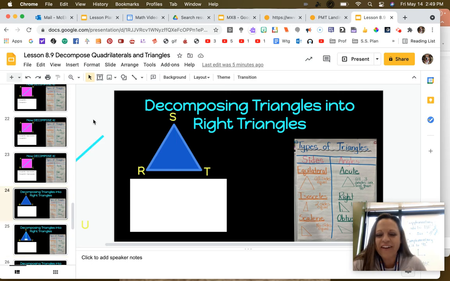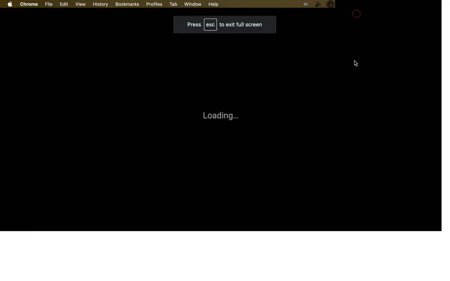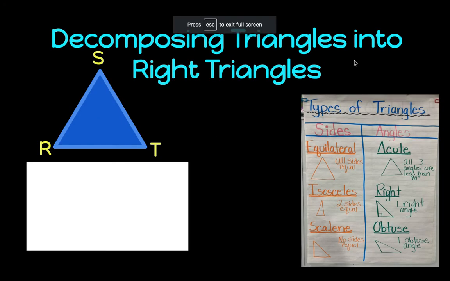Okay. All right. Now, this gets fun. I'm going to make this bigger. Okay. So now you're going to decompose triangles into right triangles. So here we have triangle RST, okay? I've split it straight down the middle. Now it has 2 right triangles.